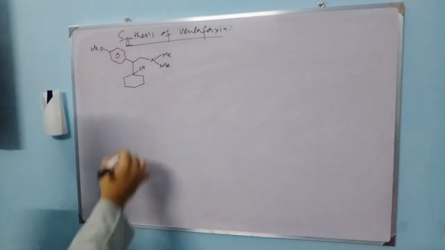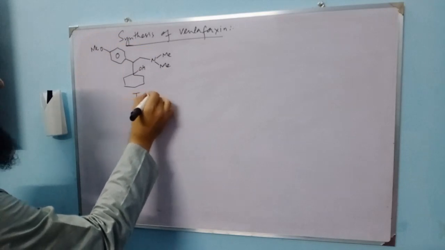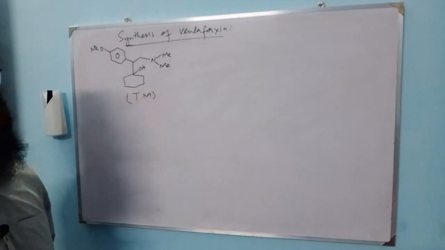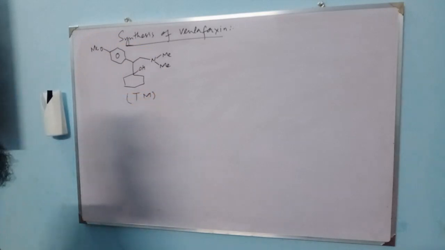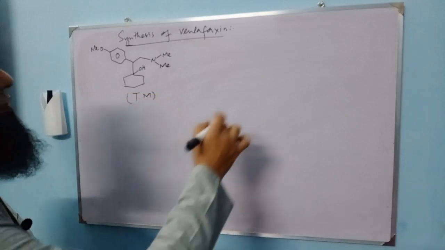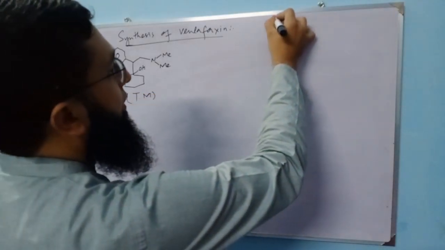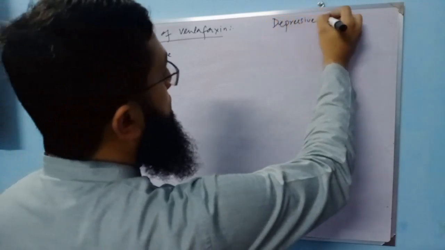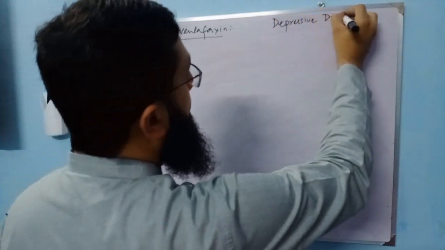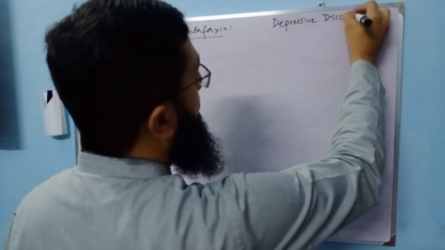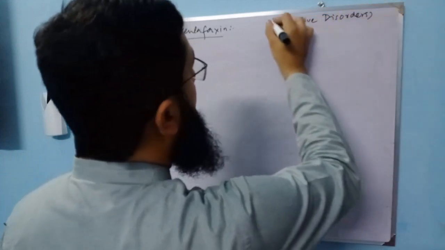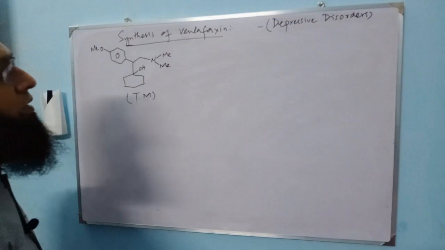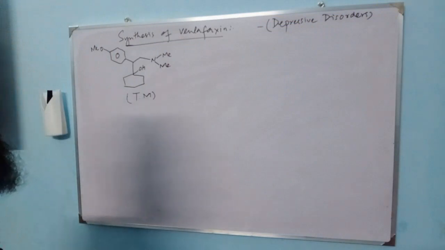Now this is the structure of venlafaxine, and it is our target molecule. This drug is used to treat depressive disorders, or pain disorders as well.